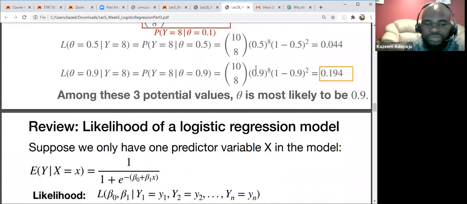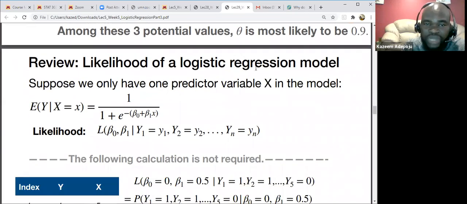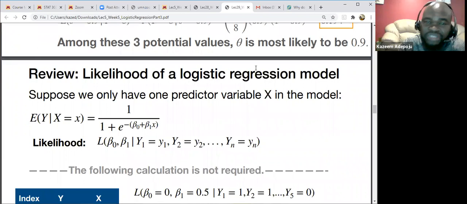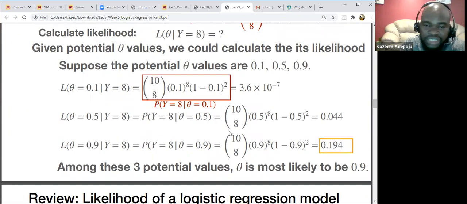Let us now have a review on the likelihood of a logistic regression. Now that you understand how likelihood is estimated, what I'm trying to show you is how likelihoods are estimated, and how we always want to declare the parameter that corresponds to the largest likelihood.